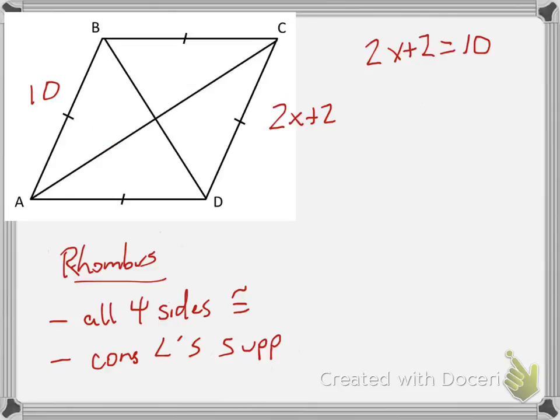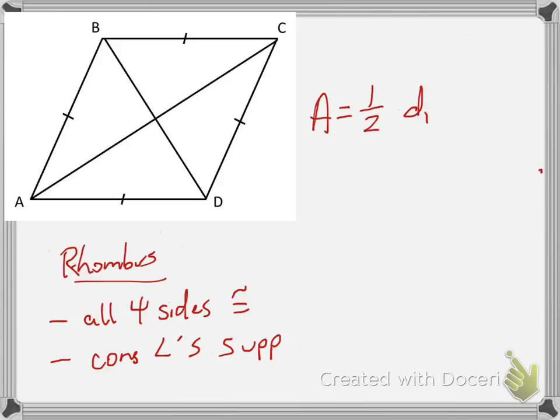But usually the way you find an area in a rhombus is if you know the length of the diagonals. And there's a formula for area. You need to write this down. Area is 1/2 diagonal 1 times diagonal 2. So if you know the diagonals, you can just plug them in.